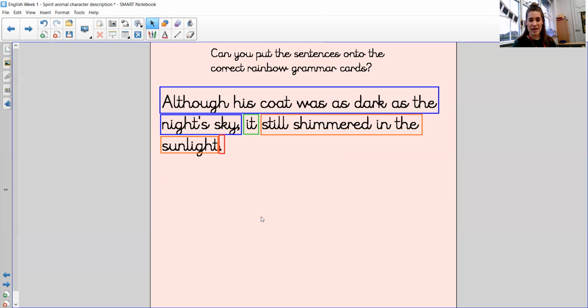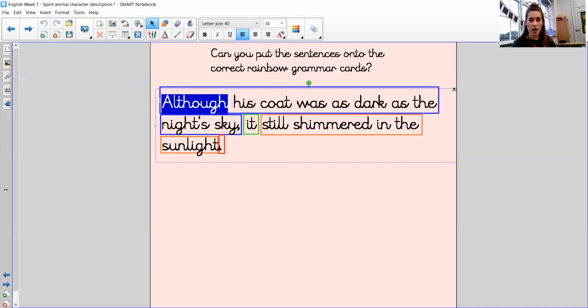I can see that I've started my sentence with the word although, which I know is a subordinating conjunction. It means kind of the same as even though, despite the fact. Although his coat was as dark as the night sky, it is my subject, referring to its coat, still shimmered is my verb, in the sunlight. Full stop ends the sentence.